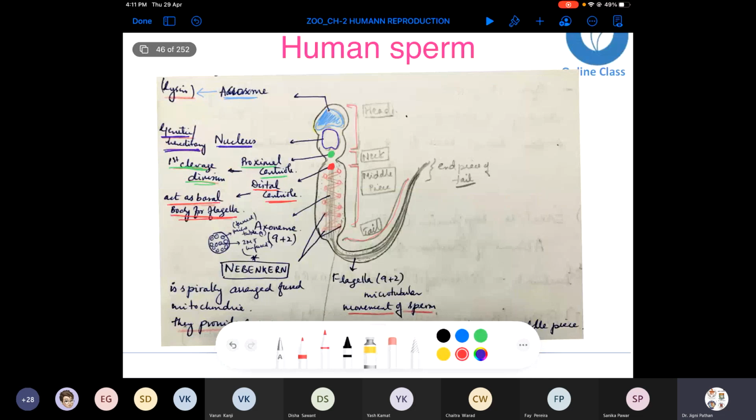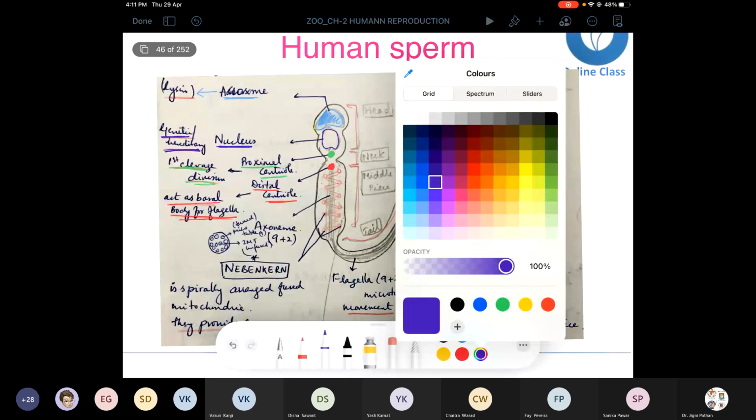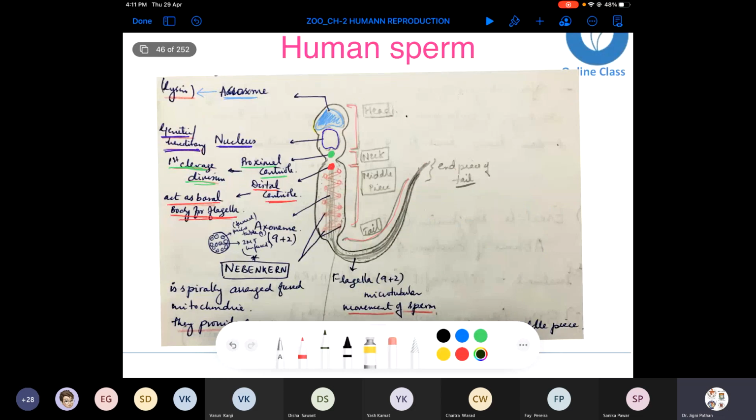So at the neck region, there are two centrioles. One is proximal, other is distal. Points are clear? Next, in the middle piece, there are mitochondria.